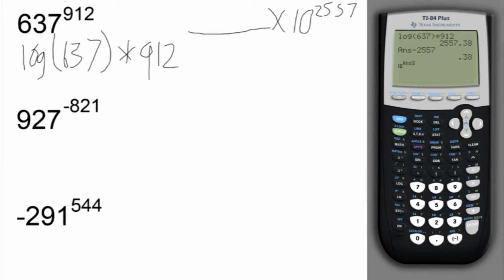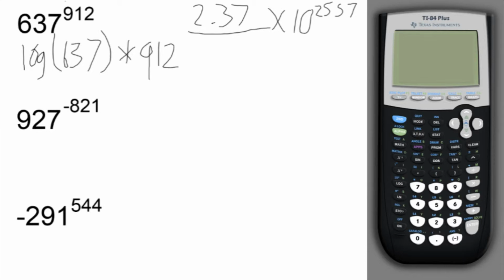So we have 10 to the power of answer, and we just click enter. And we have 2.37. So we just need to write that into this blank here, 2.37. And right here, we have our final answer in scientific notation, 2.37 times 10 to the power of 2,557. That's all you have to do to solve a problem like this.